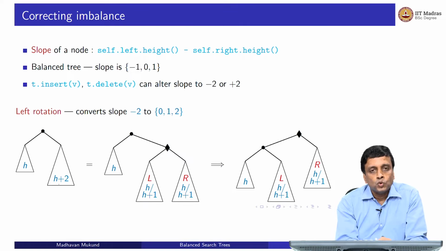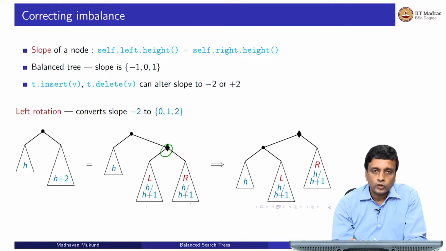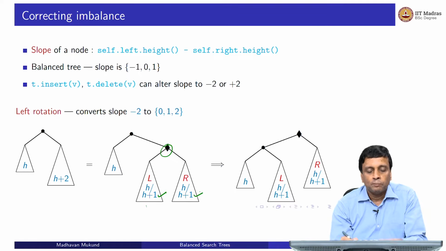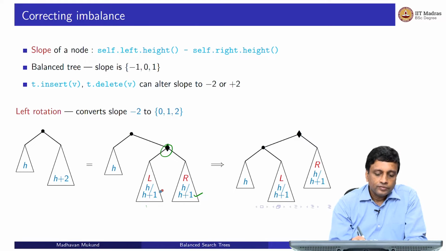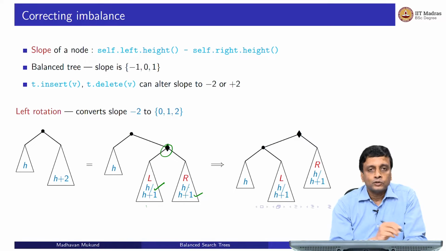If this is h plus 2, then something below this must be h plus 1, right? So this says that either the left tree is h plus 1 or the right tree is h plus 1 or both, and because it is balanced, there must be at least h. So either I could have h plus 1 and h plus 1, both are h plus 1, therefore the diamond is at h plus 2, or I could have h and h plus 1, so that the diamond is still at h plus 2, but it is balanced, so there is a difference of 1, or it could be the other way.